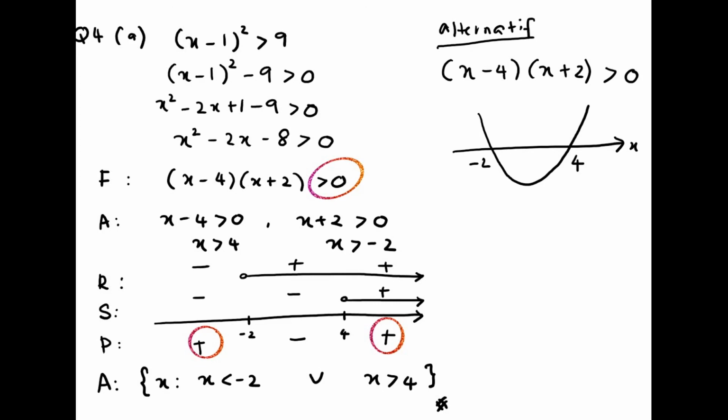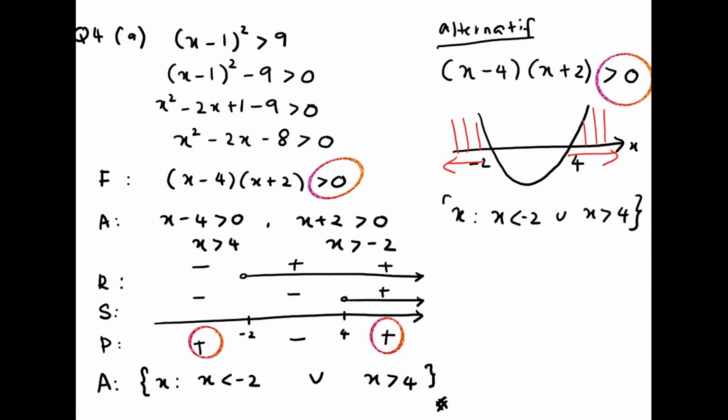Okay, where your roots will be -2 and 4. So same thing, how would you pick the final answer? Look back at your sign of inequalities. There you have greater than 0. So if greater, you need to choose outside. Okay, so this is the area of your final answer. Same as the previous solution, your final answer would be x is less than -2 or x is greater than 4.